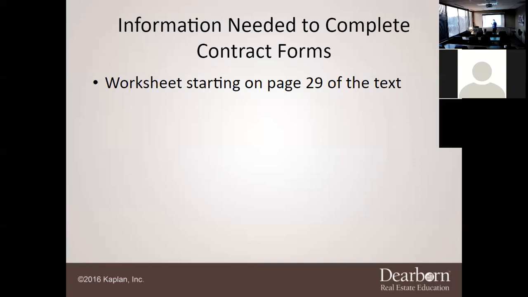We're going to go through and talk about the forms, and you can make your own worksheet, but you do not have to utilize the worksheet that's within the text. I want to make that clear.